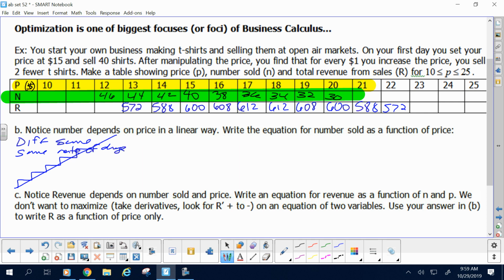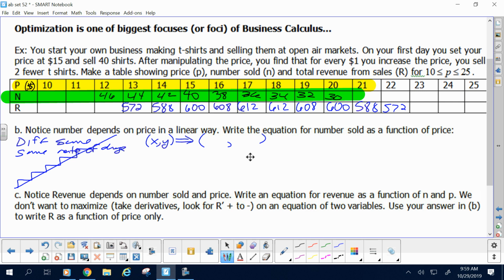All right, now once I decided it's linear, I need to figure out what x and y are for this problem. Which do you get to choose, the price or the number sold? I get to choose the price. I don't get to say, hey, it's going to sell 50. I get to choose what I'm going to put the price at.